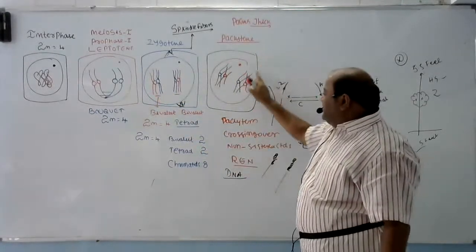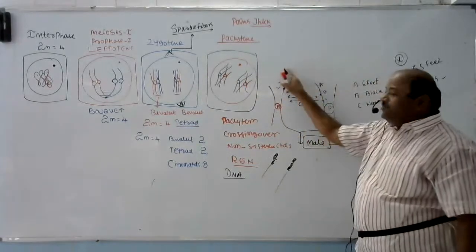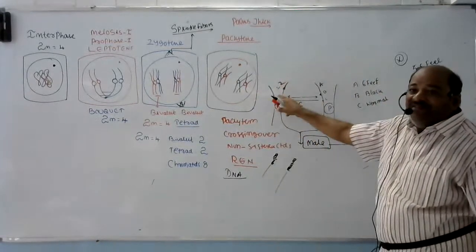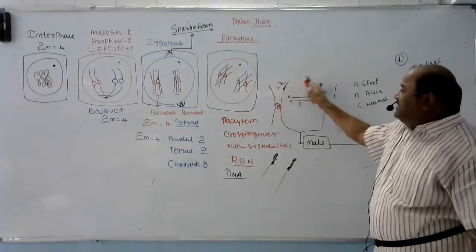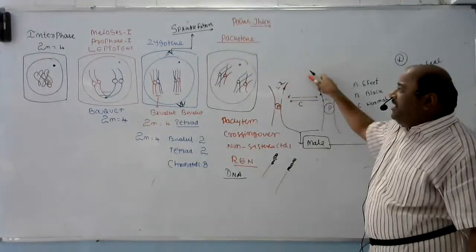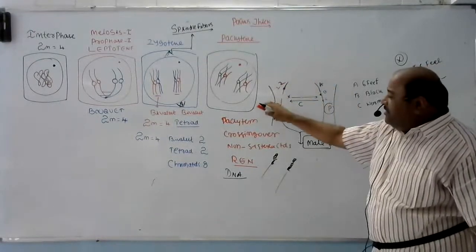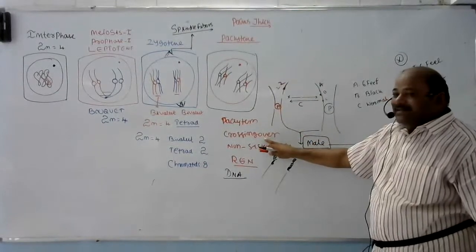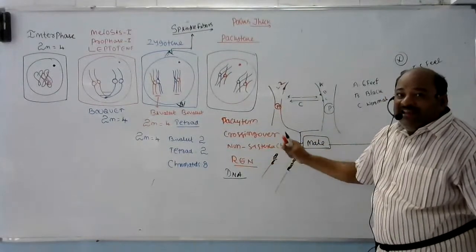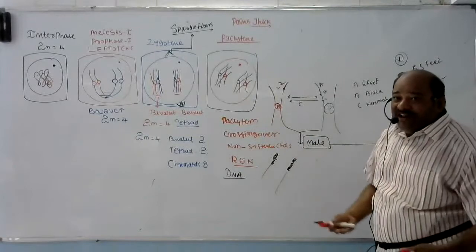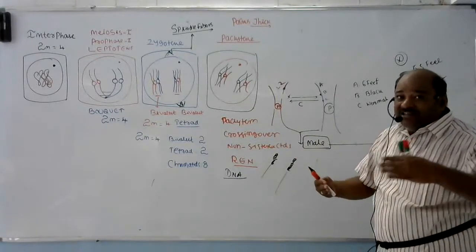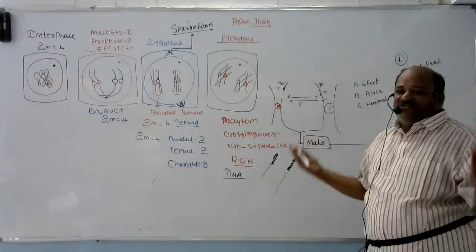In pachytene stage, there is exchange of chromosomal material between the non-sister chromatids. They form recombinant units. Now the process which is completed is called crossing over. It is responsible for more genetic recombinations and is the root cause for the origin of species.